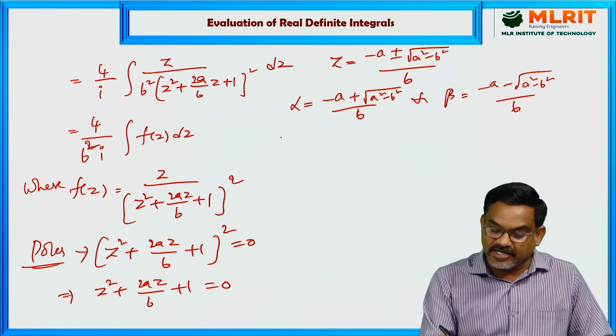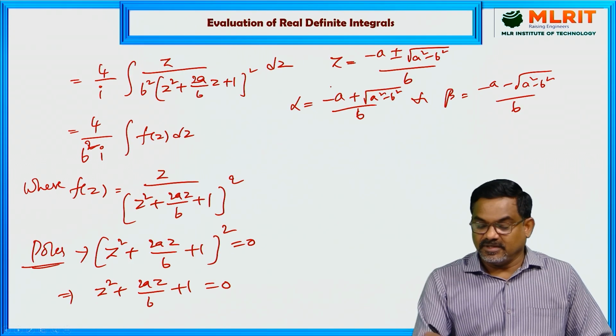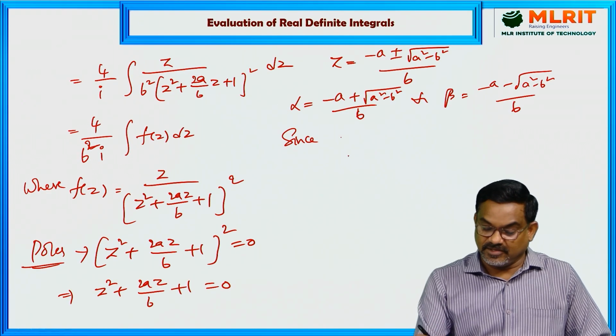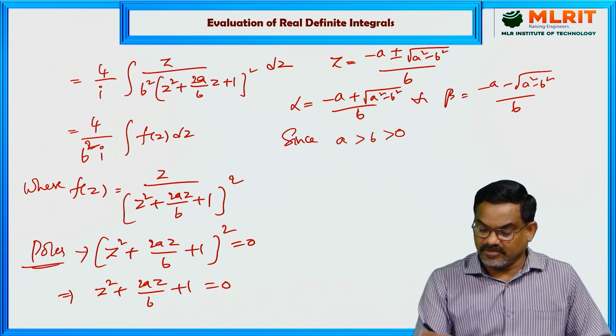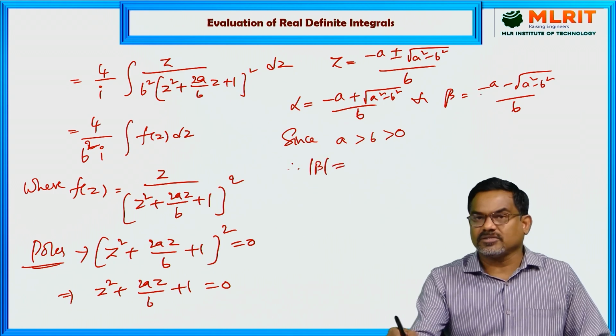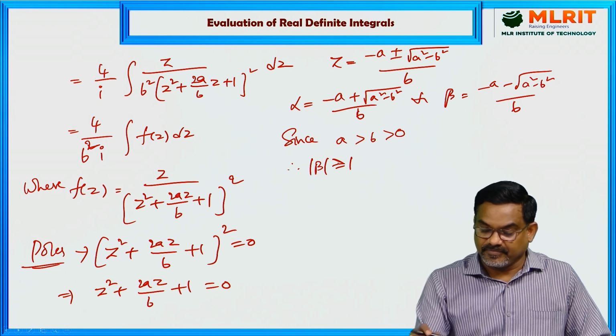Here the condition is given, a is greater than b is greater than 0. Therefore, it is very clear that the modulus of beta is greater than 1.